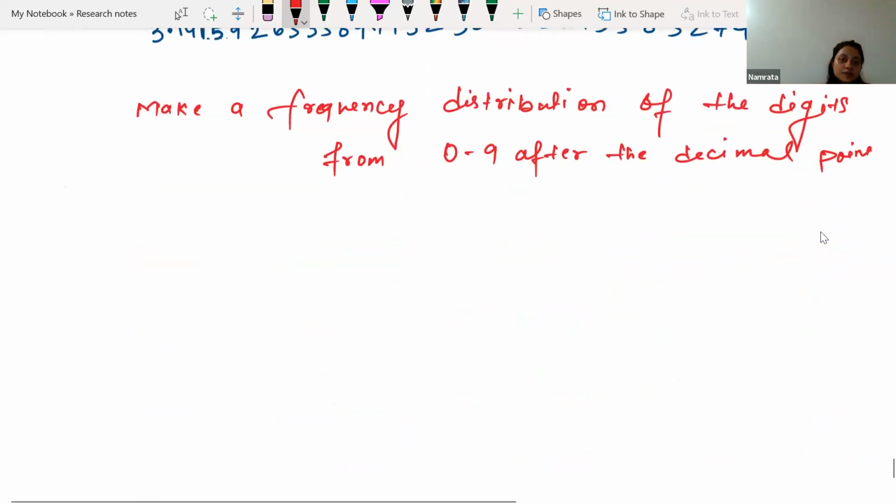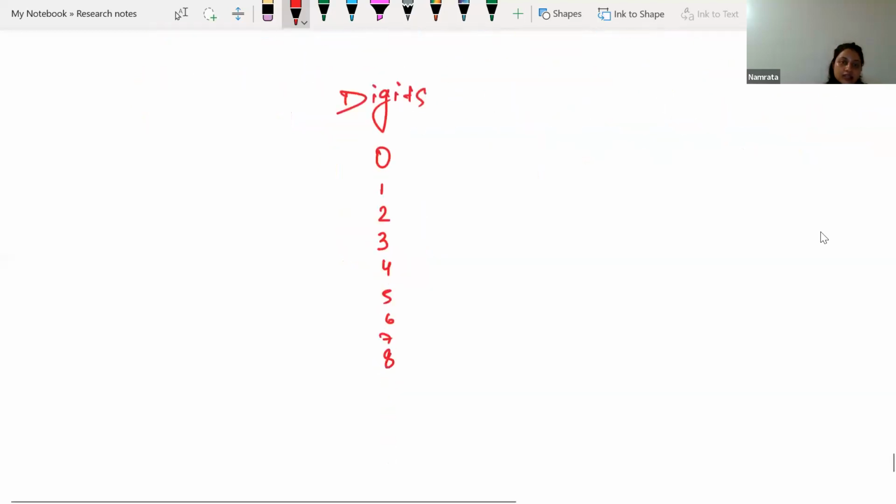It says that take the digits from 0 to 9 in your table. Okay, so digits we will be taking 0, 1, 2, 3, 4, 5, 6, 7, 8, 9.